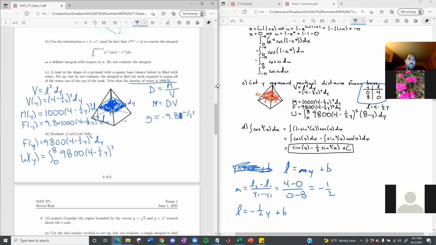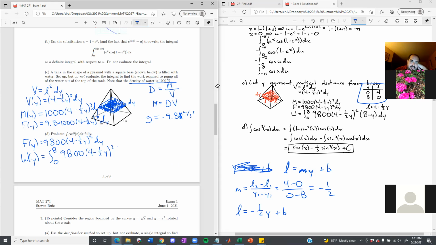So from there, remember, the thing I just erased, work is equal to force times distance. So this slab of water that I've drawn, I need to pump it up to the top. And remember, the lower the slab of water is, the further it has to be pumped. And exactly what is that distance that I'm going to move this water?